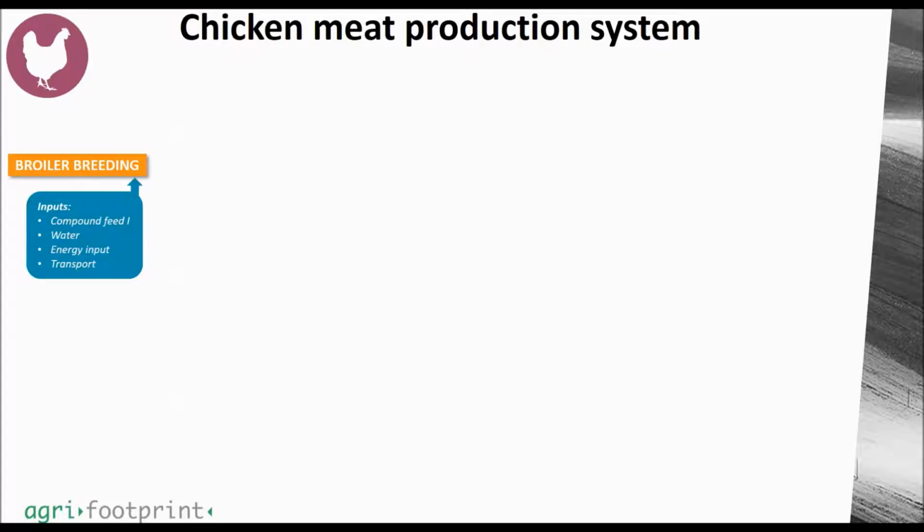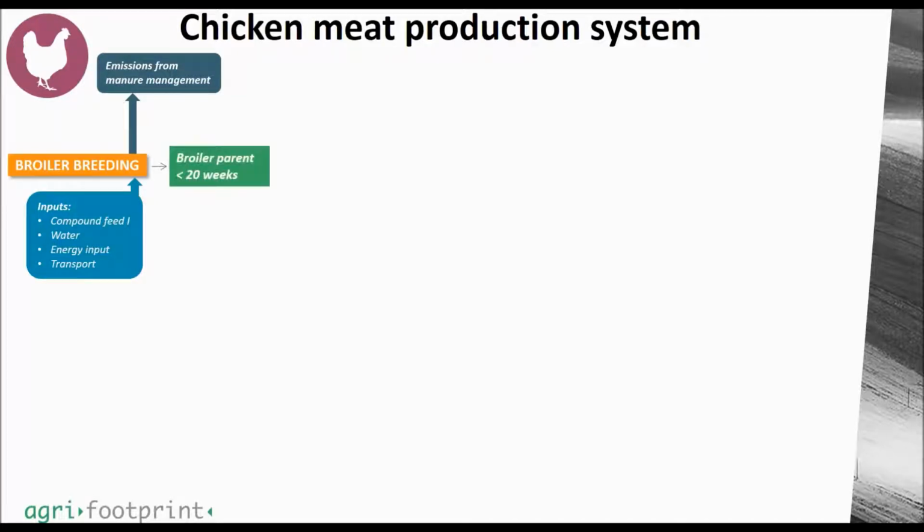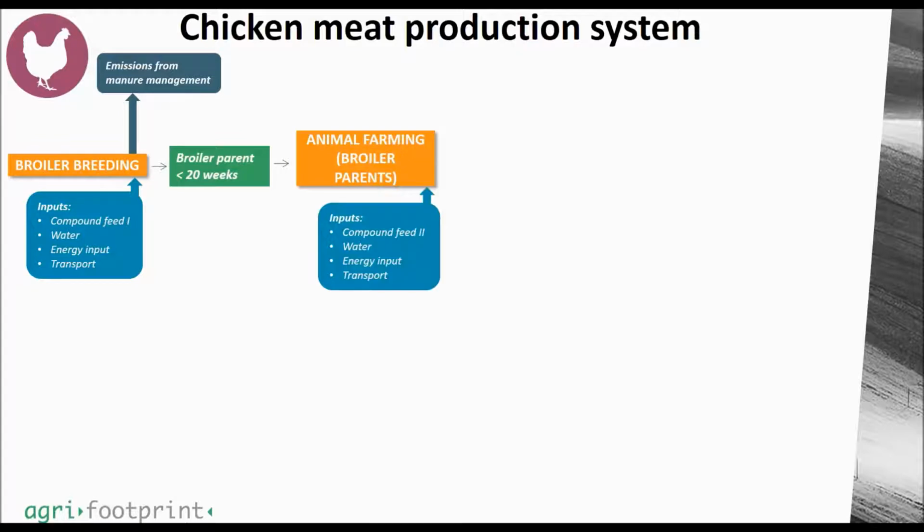This phase requires the input of breeding compound feed, transport of the feed, water, and energy. And within this process, emissions from manure management are calculated. This first production system breeds broiler parents younger than 2 weeks old, which are passing to the second stage of animal farming.